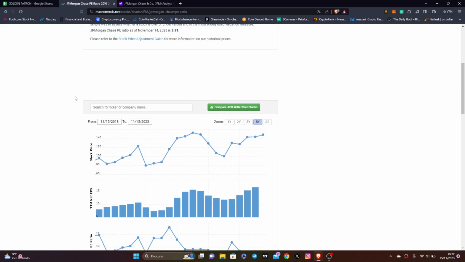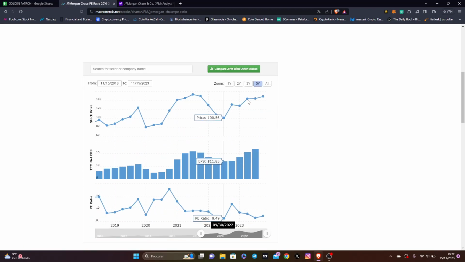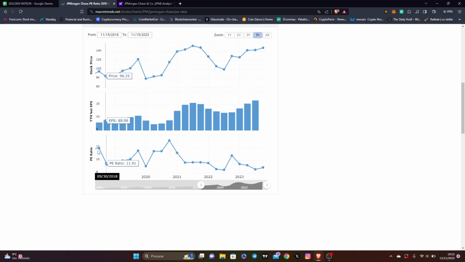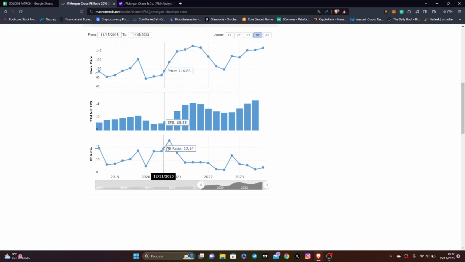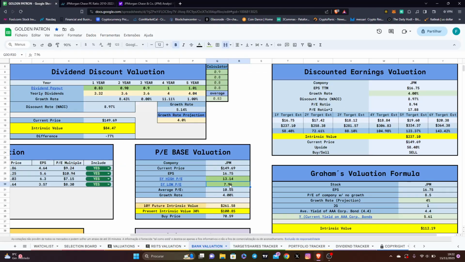So what we do is we come to price ratios, and we put in a span of 5 years, and we need to take the high on the P ratio. As you can see, it's right here, 13.14, and we plug in 13.14, and now we want the low, and the lowest point is 8.49. Once we put 8.49, it should automatically do it.